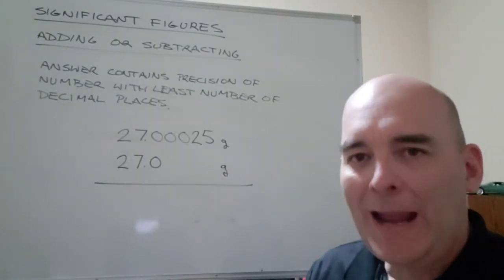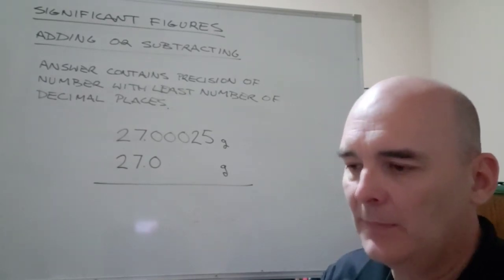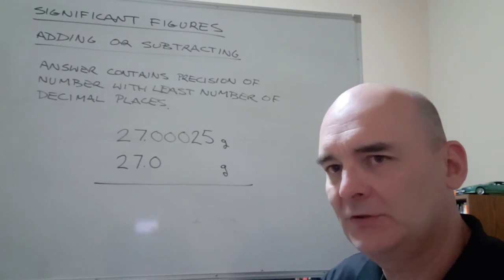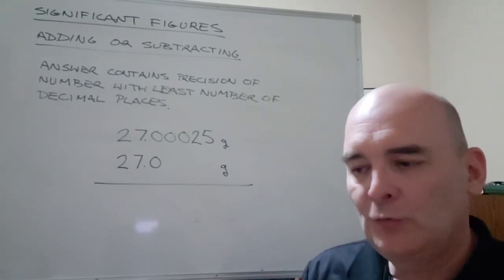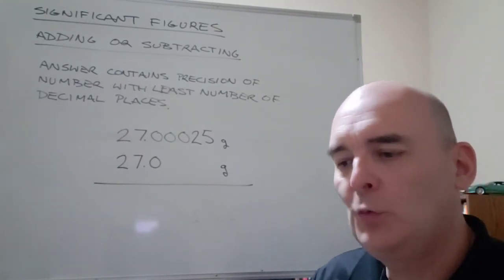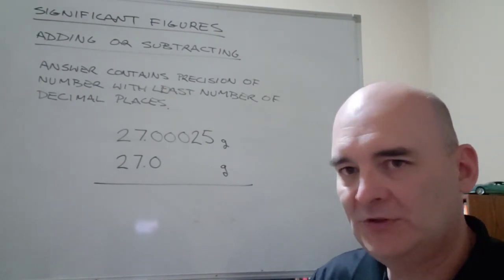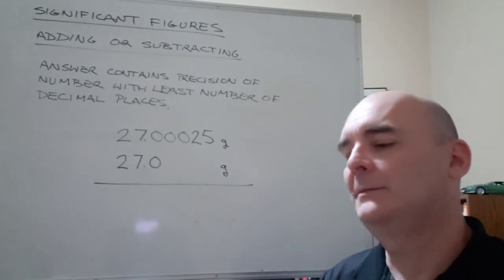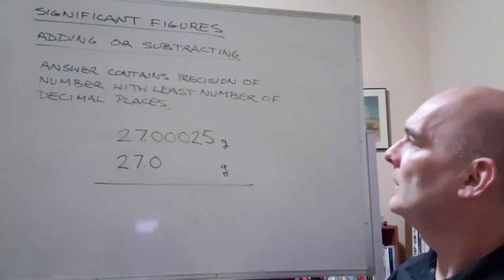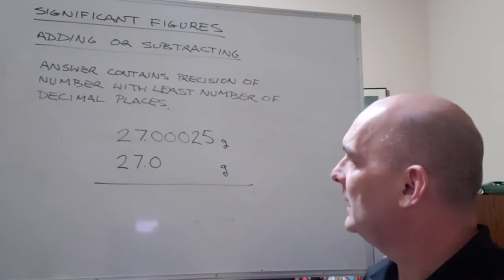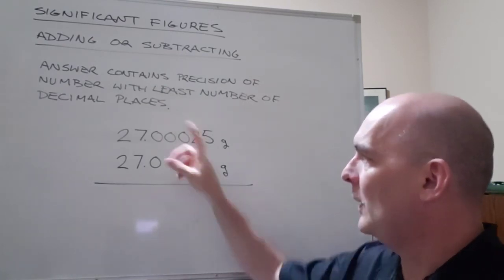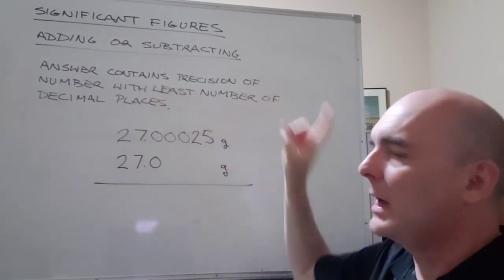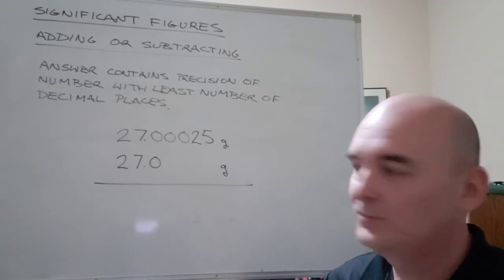When it comes to adding or subtracting numbers and taking significant figures into account in the precision of a number, our rule here is that we're only allowed to keep the precision associated with the least precise number. And so your answer is only allowed to contain the precision of the number used in the calculation that has the least number of decimal places.